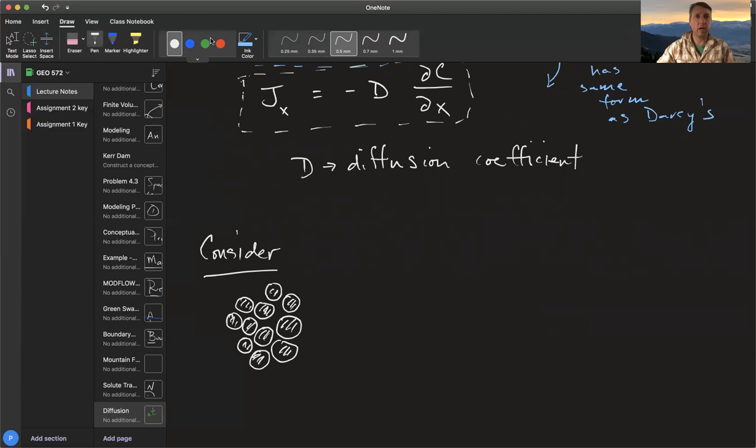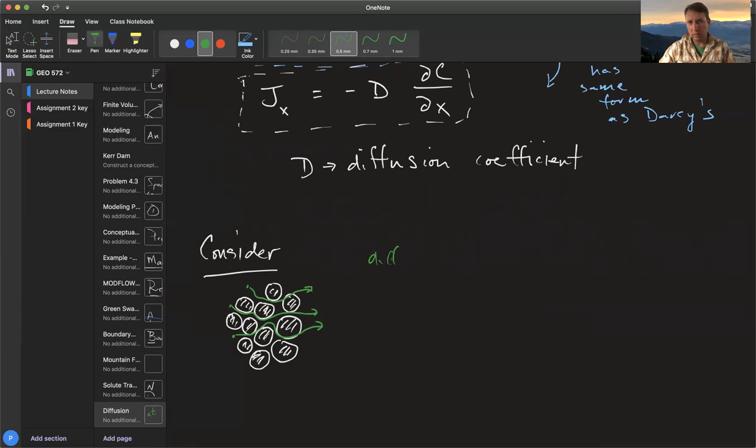If I am a diffusing particle, let's say I'm these diffusing particles randomly moving around through here, working my way through the porous media. We have some important things to note, and that is that our diffusing particles cannot travel through our grains. They have to move around the grains.